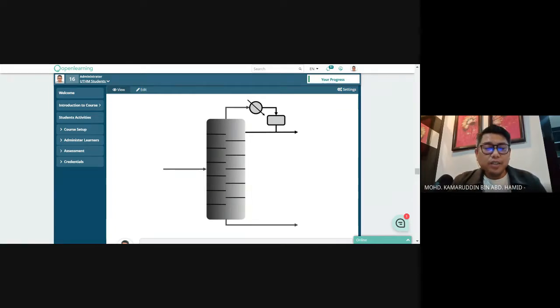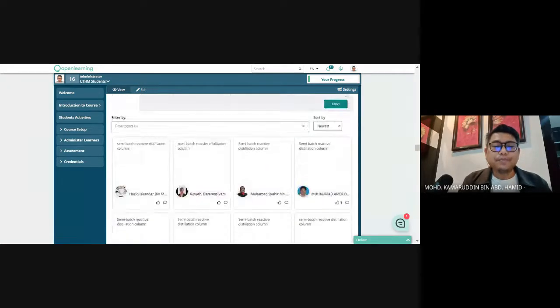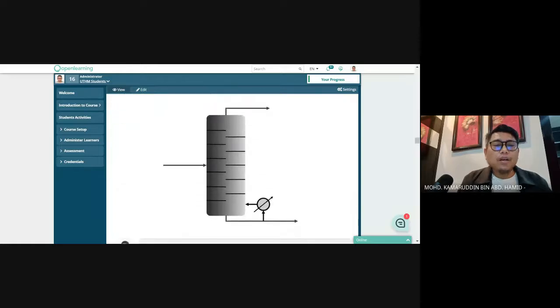Okay, kita tengok balik kepada reboil absorber. Mana dia? This is a reboil absorber. Is there any condition that halang vapor jadi liquid ke atas? Or can you recover vapor at the top of this reboil absorber? What do you think, guys? No. Okay, agree? So easily you can recover the gas at the top.